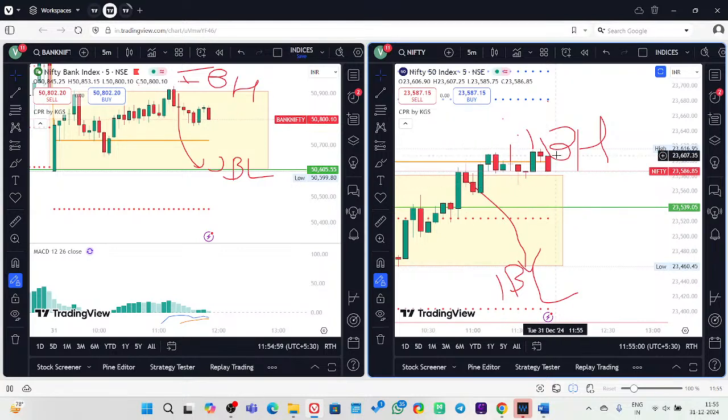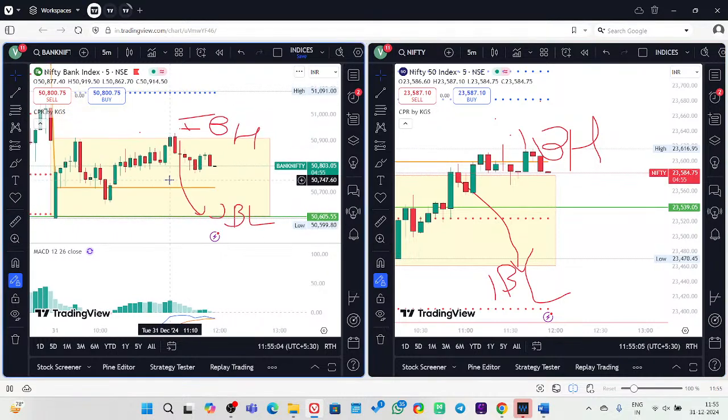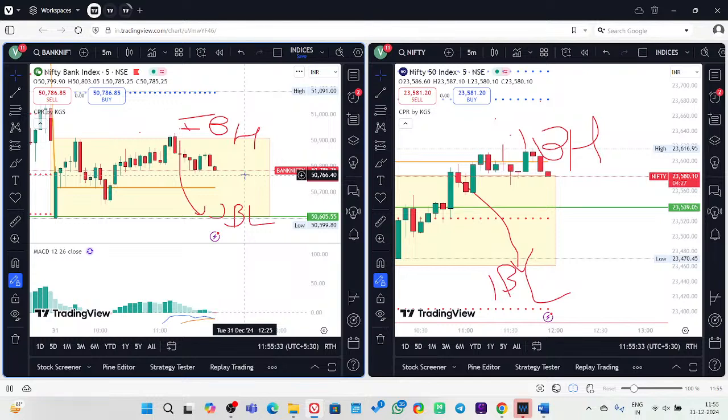Consolidation happens. Bank Nifty is very clear on its way. Sometimes one big candle covers initial balance high and initial balance low.